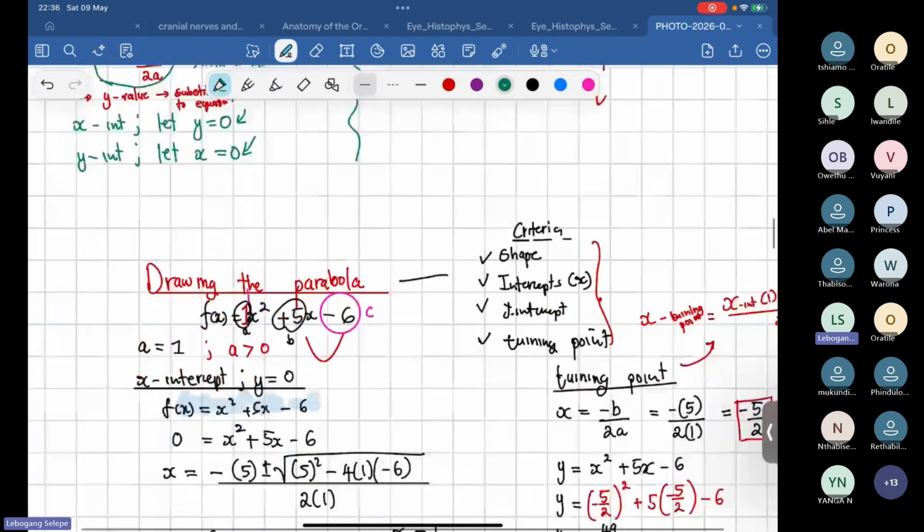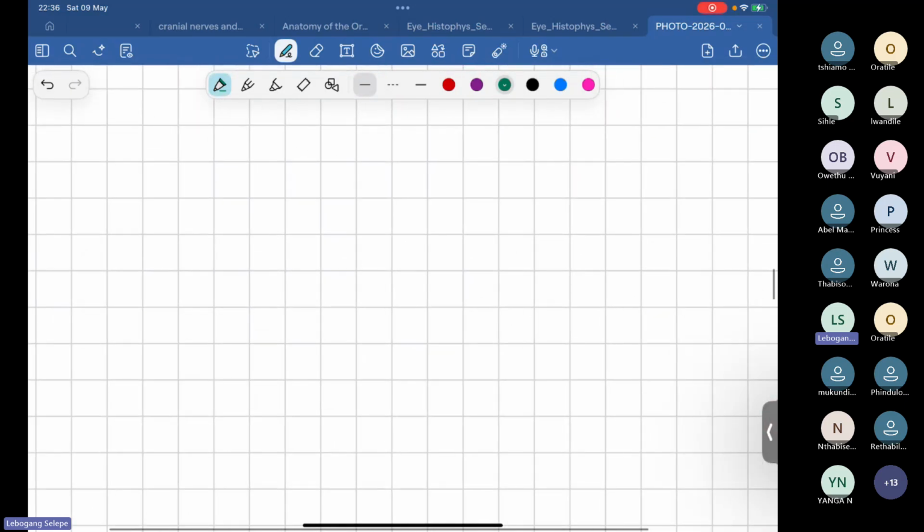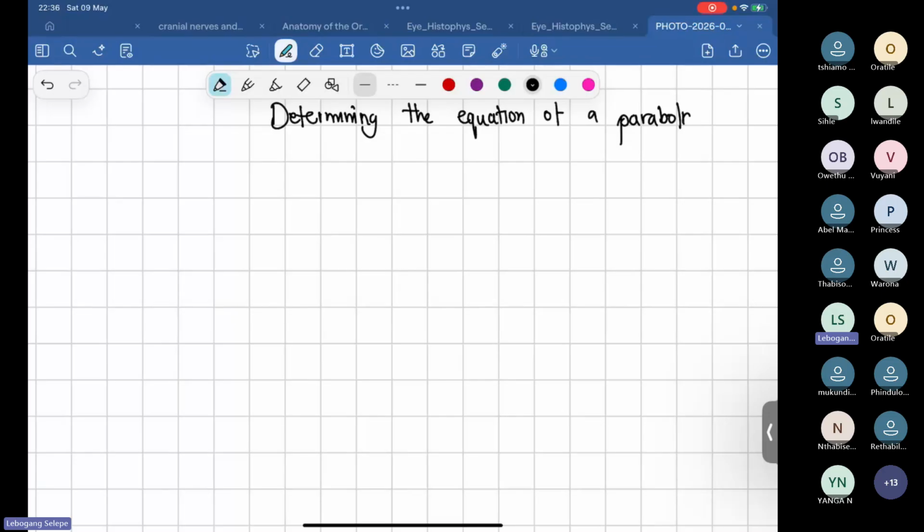So now you should be able to determine the equation of a parabola. Right, there are multiple instances that will allow you to determine the equation of a parabola. Let's start with the simple one.